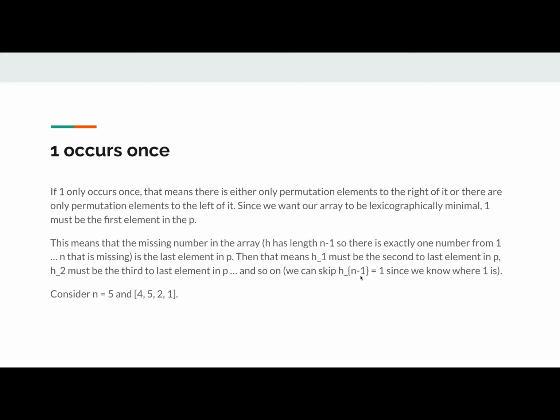And then we can skip H of n minus 1 equals 1 since we know where the 1 is. And with this, we can generate the entire permutation. In the example I gave, we can find that the final permutation will end up being 1, 2, 5, 4, 3, which I did not write down. So that's the case where the number 1 only occurs once.